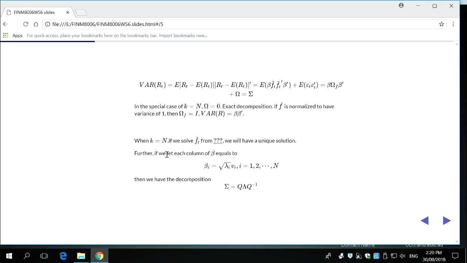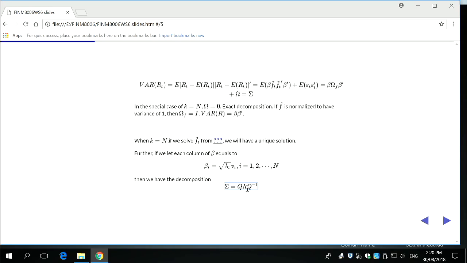In that situation, we know if we set beta equal to square root lambda times this vector v, we don't know what v is, but if we plug in this definition of the beta into beta times beta prime, what you get is just this form where you have Q. Q is a matrix that has in each column the vector v i, right?